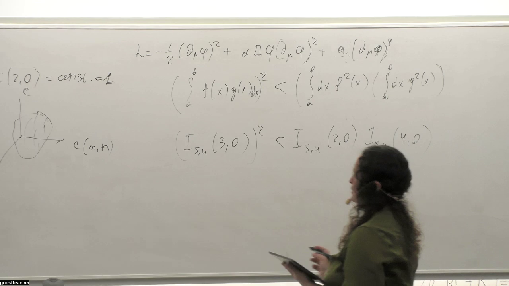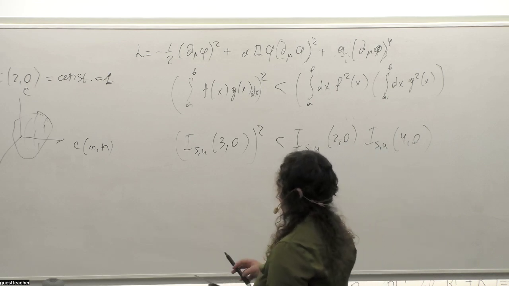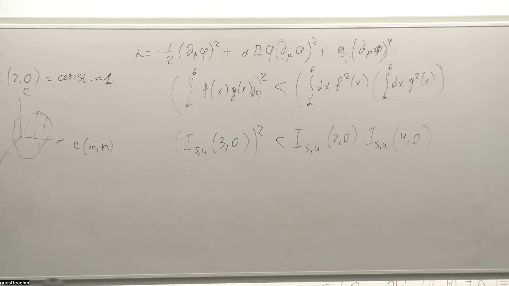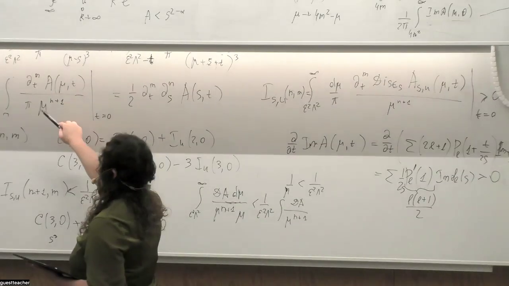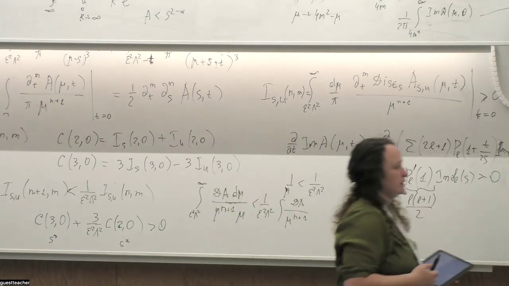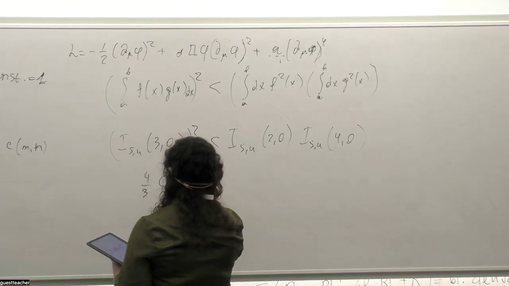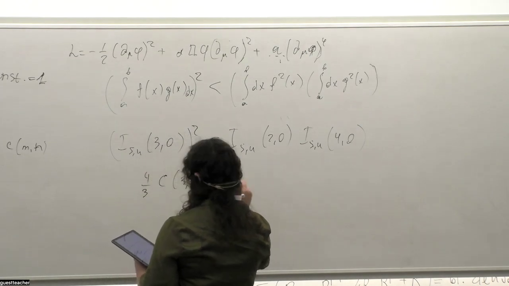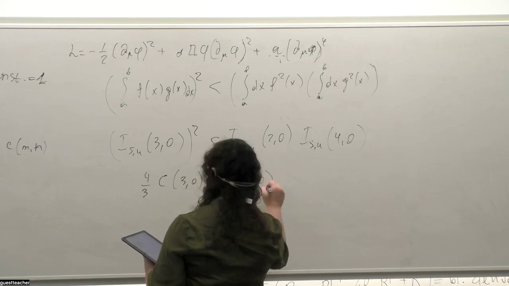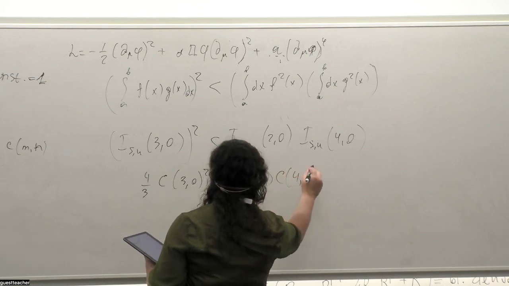And just relating the integrals defined here, the integrals of discontinuities, to the Wilson coefficients, which are C and M, if they are defined like this, then we get C30 squared is less than C20 C40.